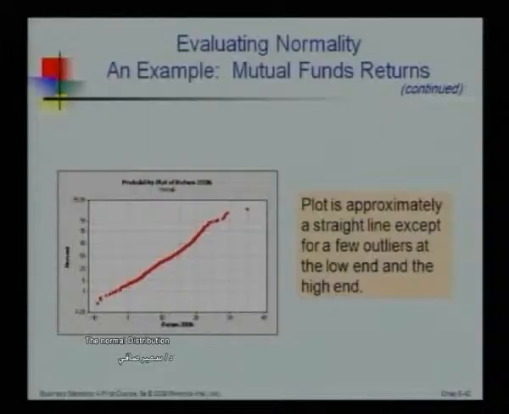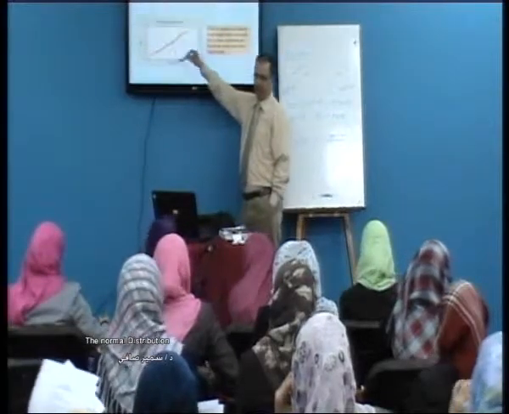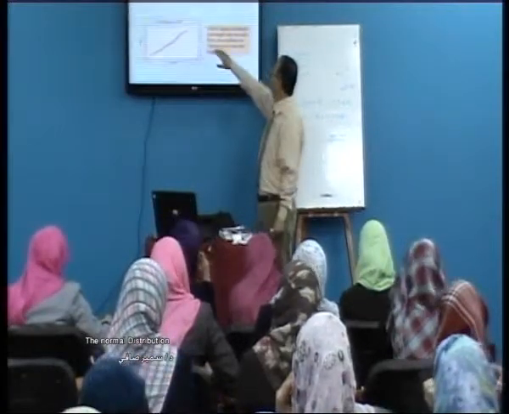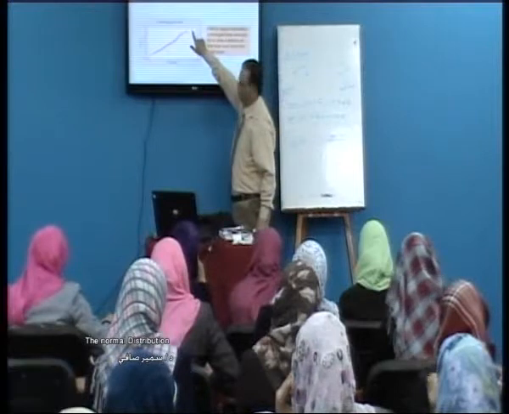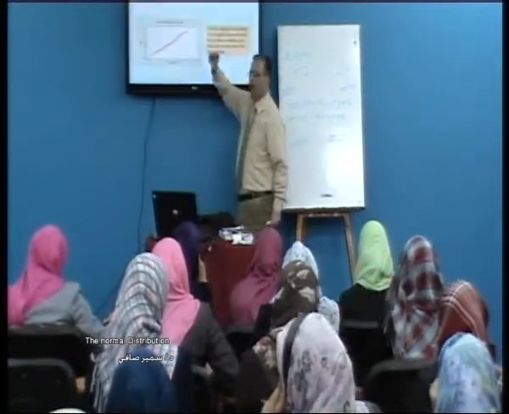So for this specific graph, the data is approximately normally distributed, because most of the points here lie close to the line and few are scattered away. It means that there are few outliers in this case.